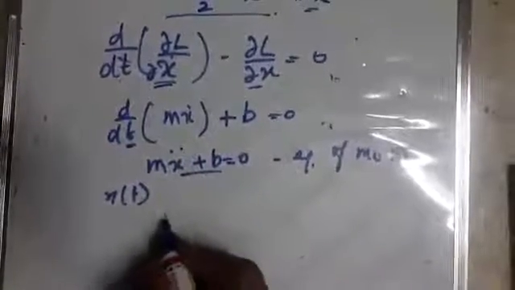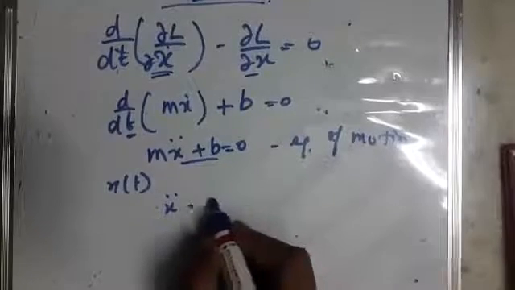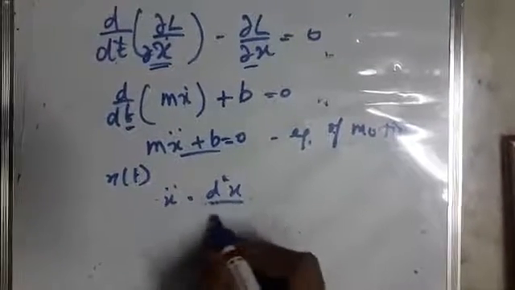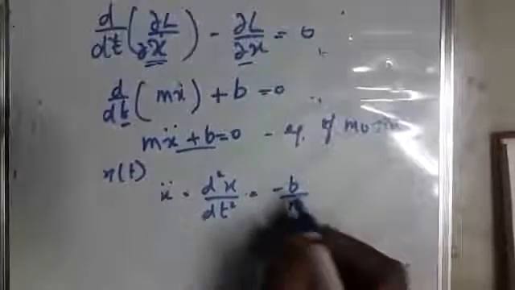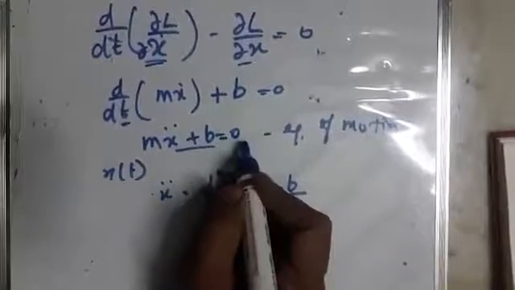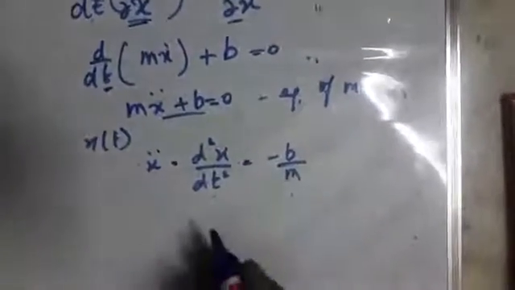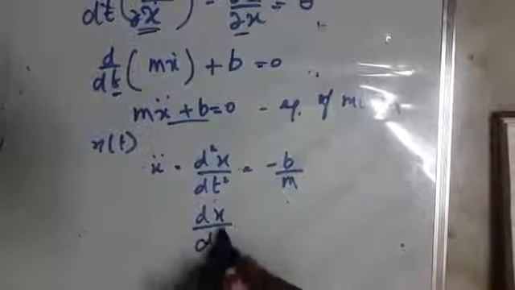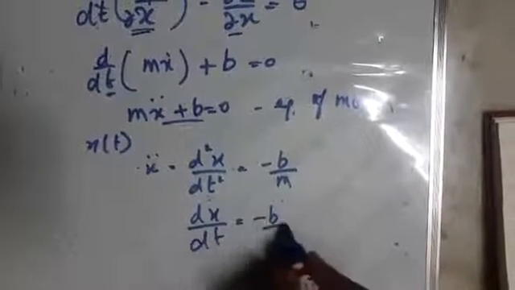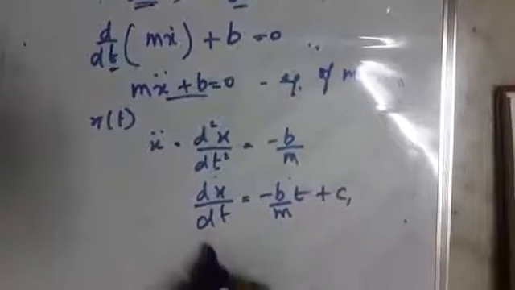To solve the equation of motion, x double dot, that is d square x by dt square, equal to minus b by m, taking the right hand side b and m to the denominator. So integrating, we get dx by dt equal to minus b by m t plus c1, the integration constant.